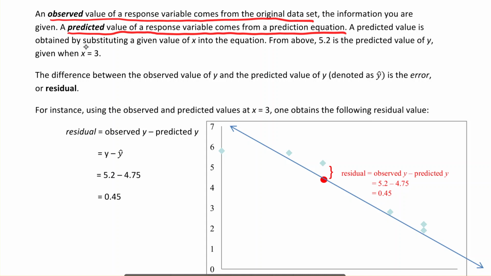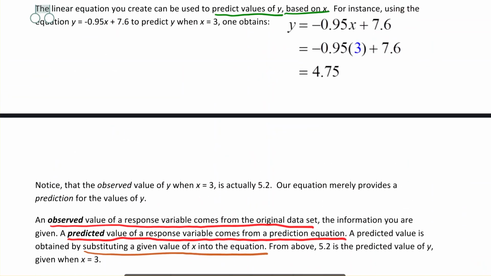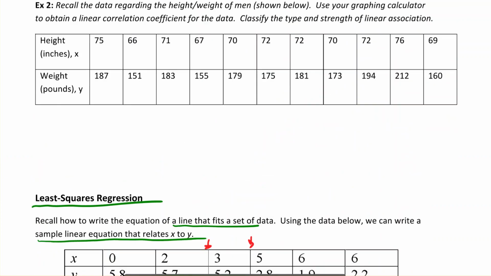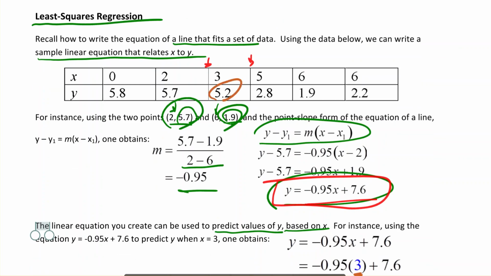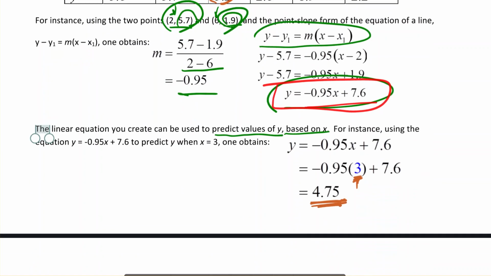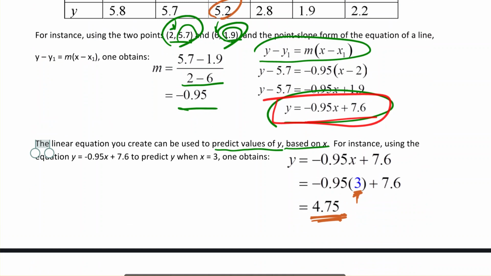The predicted value is obtained by substituting a given value x into the linear equation. In the above example, we could plug in 3 to predict it would be 4.75. But actually, the observed value when x was 3 was 5.2. According to the data, when x was 3, the y value was 5.2. But the prediction says 4.75. So there's some error there.